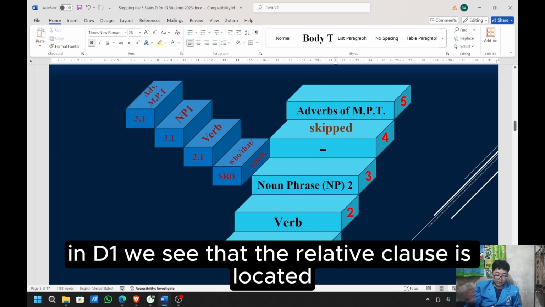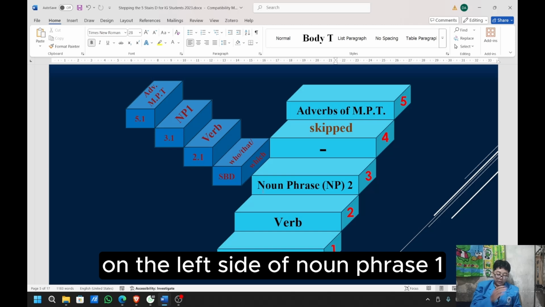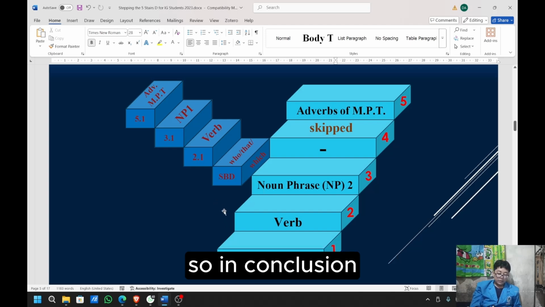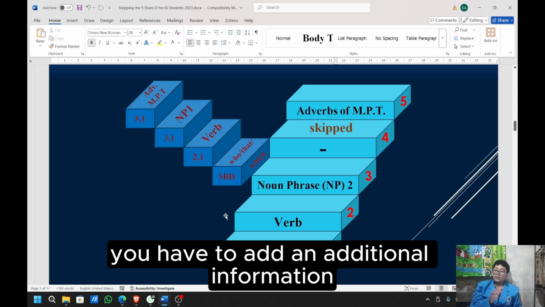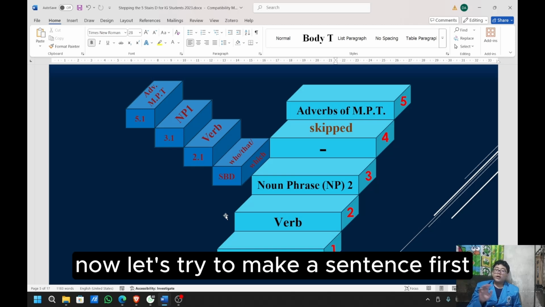In D1 we see that the relative clause is located on the left side of noun phrase 1, but this time it is located on noun phrase 2. So in conclusion, you have to add additional information or a relative clause after noun phrase 2.